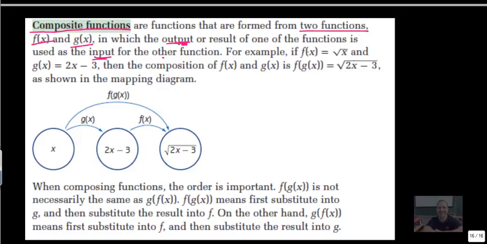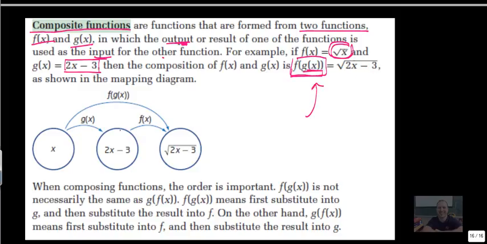For example, if f of x is the square root of x and g of x is 2x minus 3, then the composition of f of x and g of x means that the g of x function goes inside the f of x function. So I put g of x inside the square root, and that's how you get the square root of g of x, the square root of 2x minus 3.